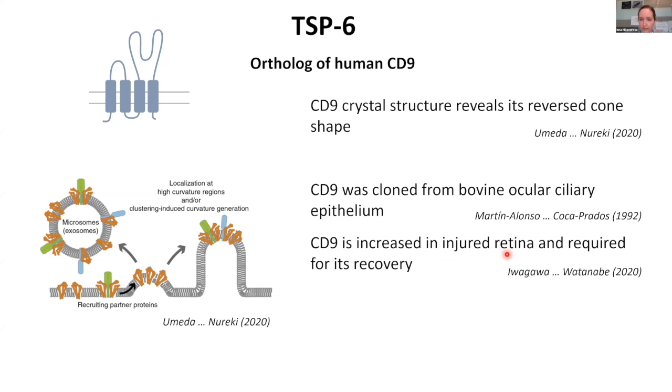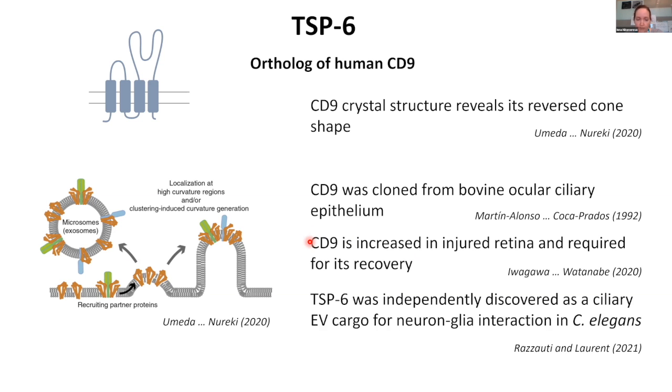If you injure the retina, it never recovers in CD9 knockout mice, but it is able to recover in wild type mice. And in wild type mice during injury, CD9 is expressed at high levels, which speaks to its role in ciliary function.